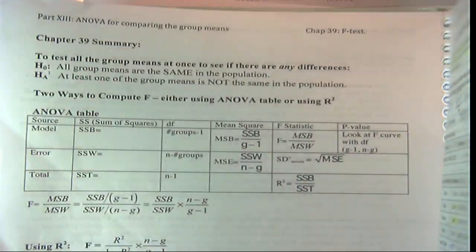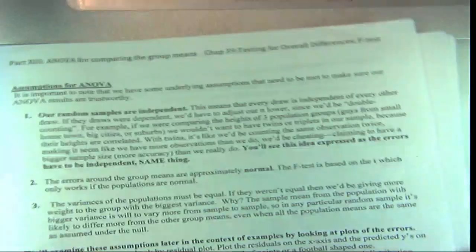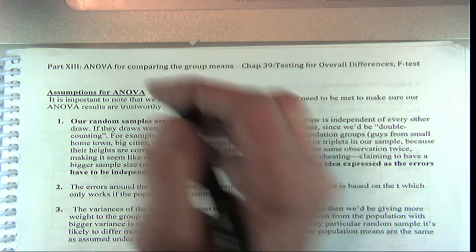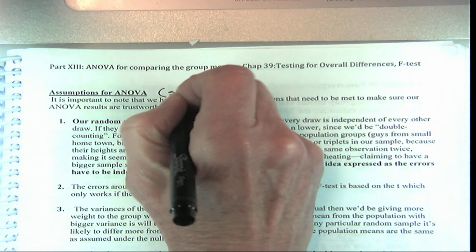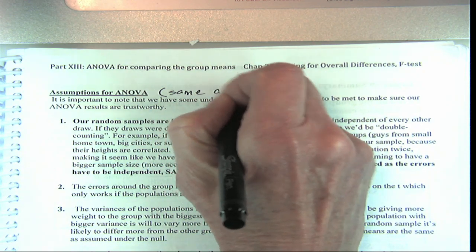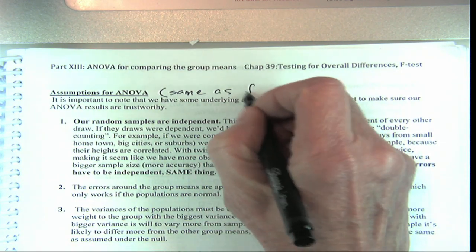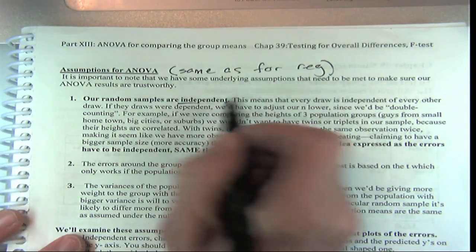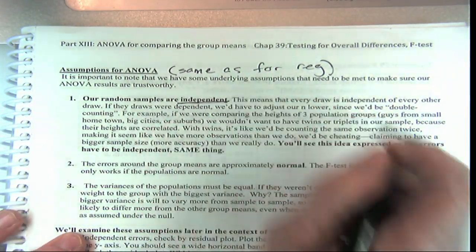So we can go back. Right here on page 180. Those were the assumptions for ANOVA. They're the same as for regression. So there's nothing new here. We've already had this. And here are those three assumptions about the errors.